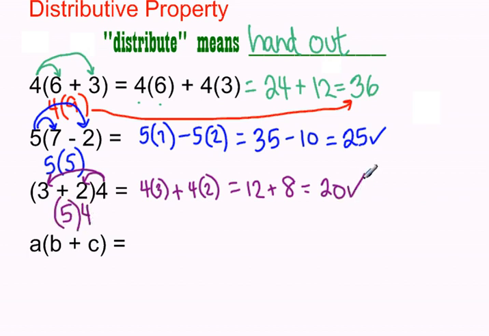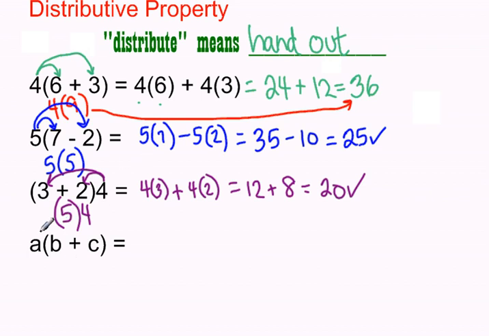That also works. Now at this point you might be asking, well, this checking that I've been doing is a lot faster than all of this other work. Well, we're getting ready for algebra. And in algebra we don't always have numbers only. In algebra we're going to have problems that have variables, like this one down here.